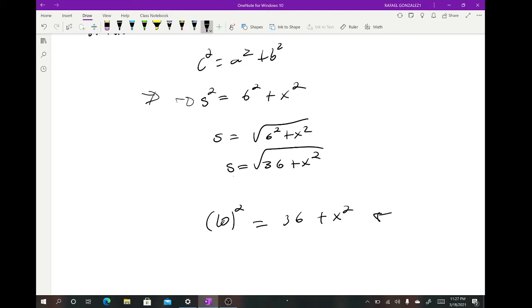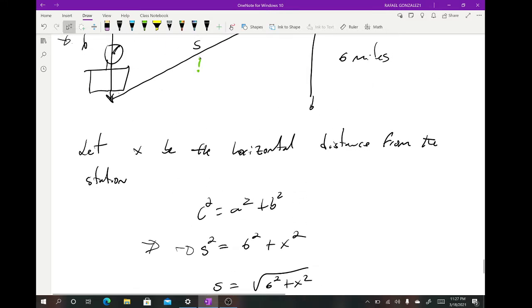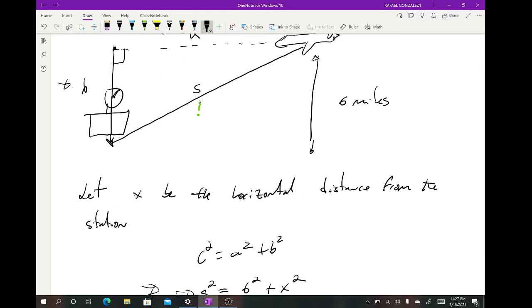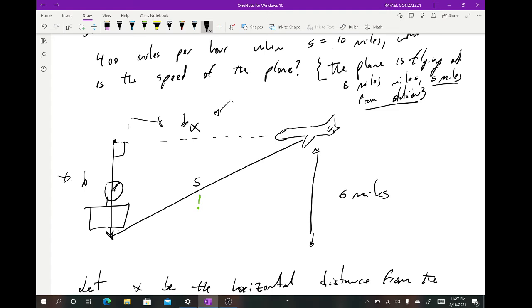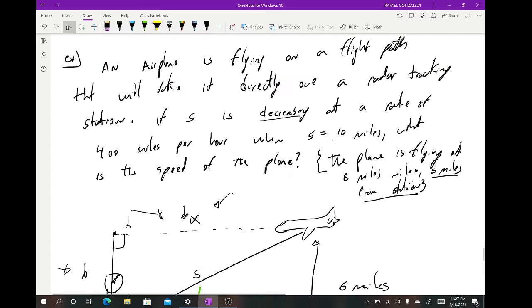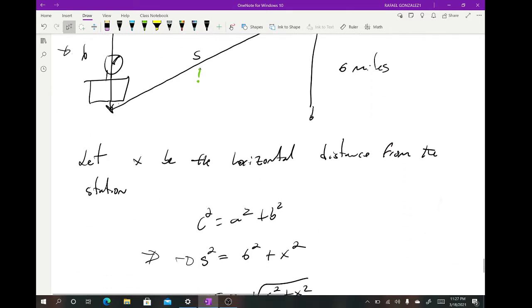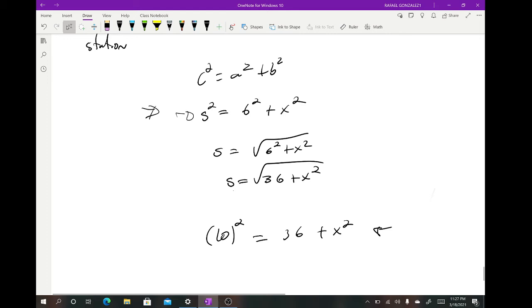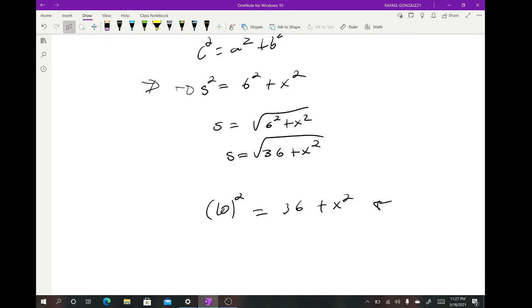This will give us the value of x. And why am I interested in the value of x? Because I need to figure out what this distance is up here to actually be able to complete the problem. Because I'm looking for the speed of the plane, so I need that distance to find it. So I have 100 equals 36 plus x squared.